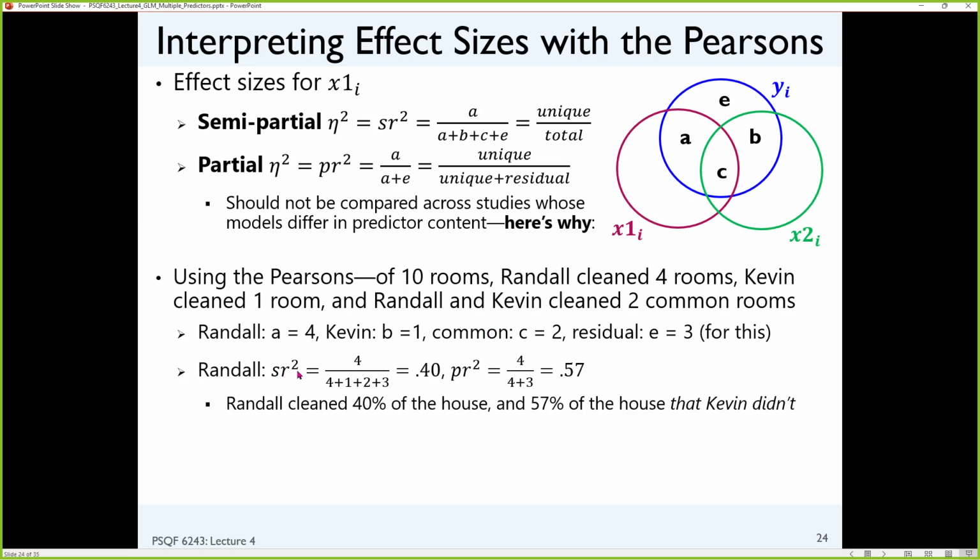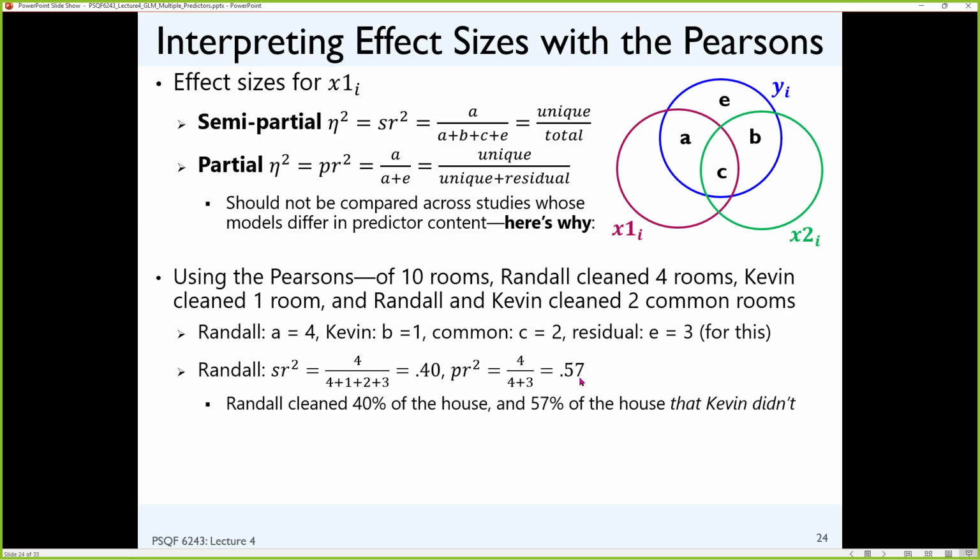His SR2 here, that stands for semi-partial r squared or semi-partial eta squared, would be his 4 over the total, which would be 40%. So that would be of the amount of the total house, Randall cleaned 40% of it. His partial eta squared or partial r squared would be his contribution over his contribution plus the remainder. And that's much higher.